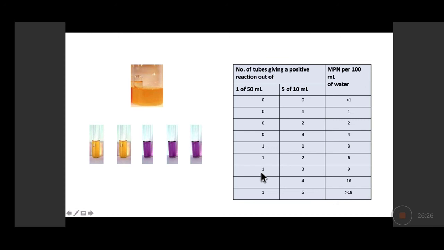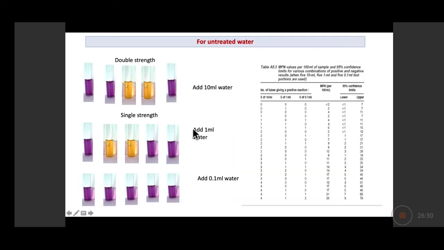So here we can see the 1 series, and in the second set, the reading is 2. Okay. So here from the table, we will see 1 and 2. So it corresponds to the MPN of 6. Okay. So 6 coliform per 100 ml of water are present. So this is how we take reading from the multiple tube method.